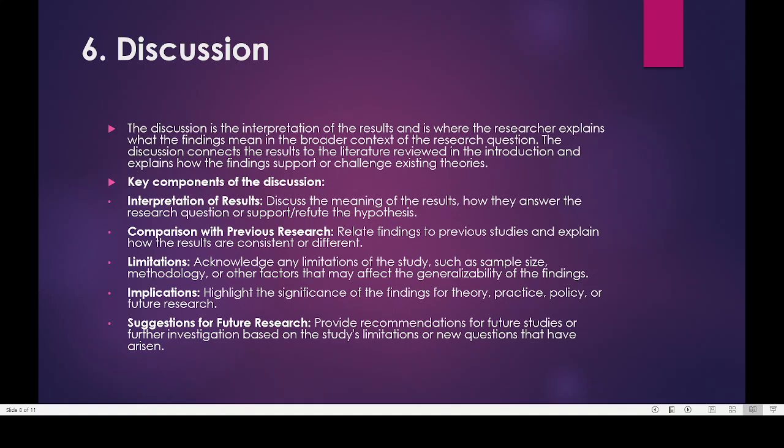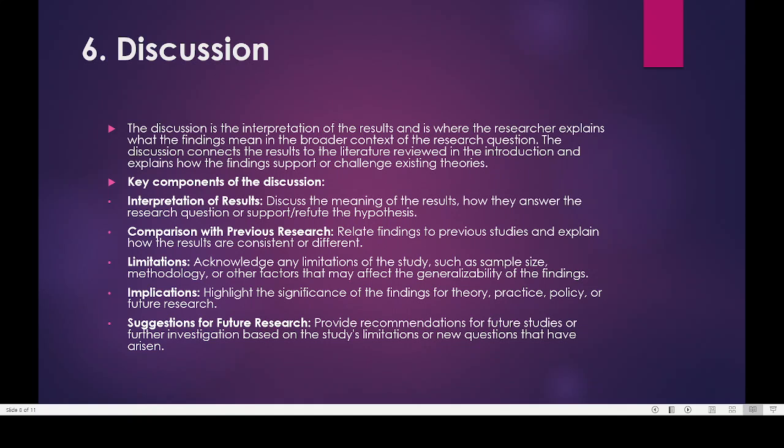What are the gaps? What are the gaps they could not fill? What are the gaps which future researchers should focus on? All these they will be discussing in the discussion. What they could achieve, what they could not achieve, all they will be presented in the discussion section.